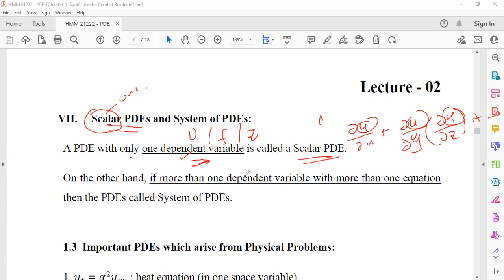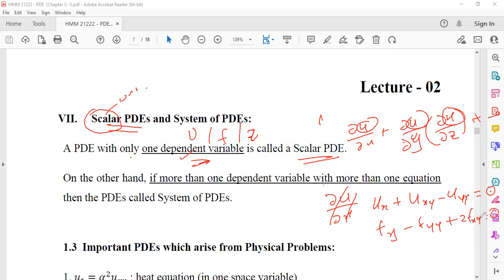On the other hand, if you have more than one dependent variable with more than one equation, for example, one equation is ux plus uxy minus uyy, and the other equation is, let's say, fy minus fyy plus 2fxy.